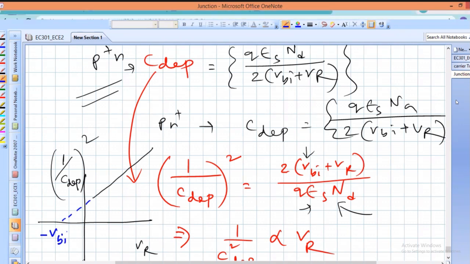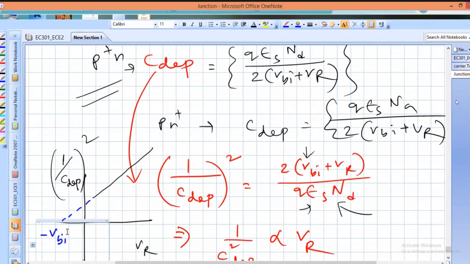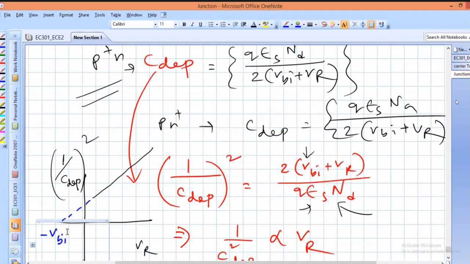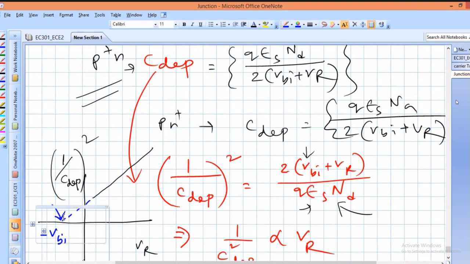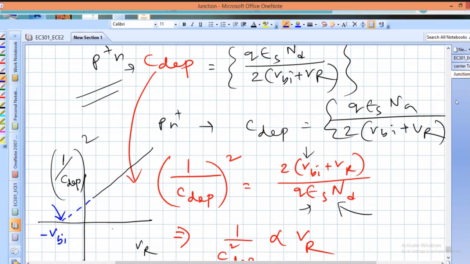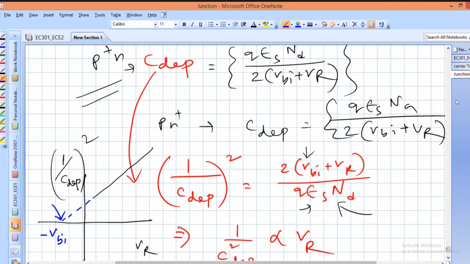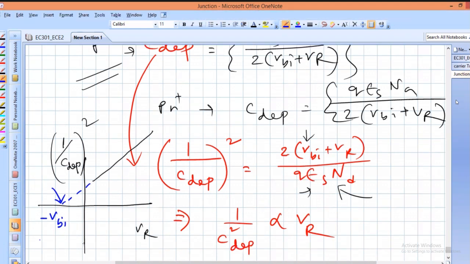So here I just plot the inverse capacitance squared as a function of reverse bias voltage, a straight line, and I get the point which is the built-in potential or contact potential by extrapolating this particular straight line in the negative x direction, and I find the point where 1 by C depletion square is 0.